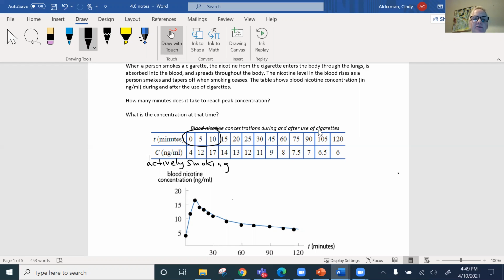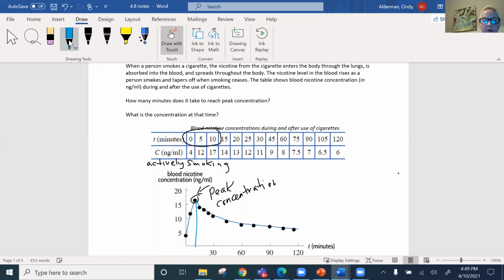So if I ask you how many minutes it takes to reach peak concentration, well, the peak concentration is going to be the highest value. So this is the peak concentration, right here. But to answer the when, how many minutes, you answer that by looking at the t values.